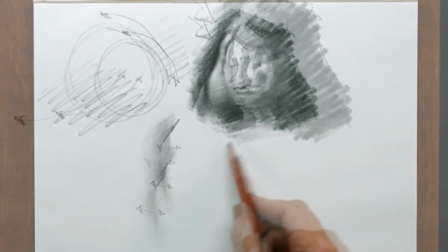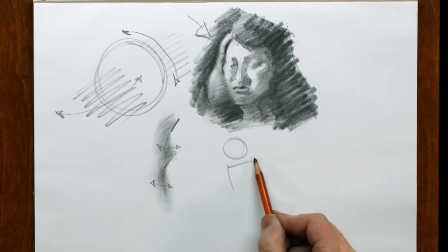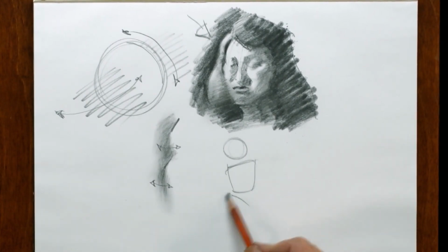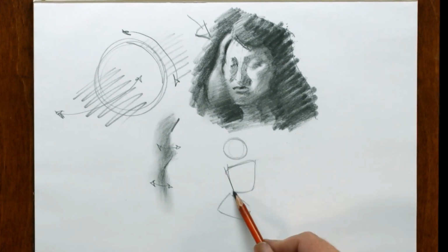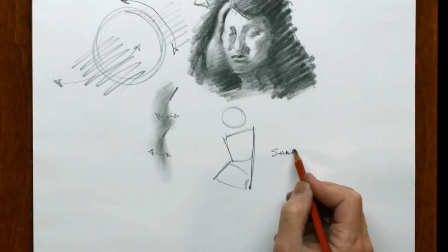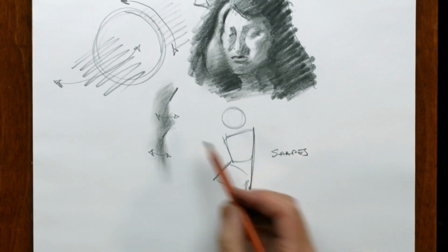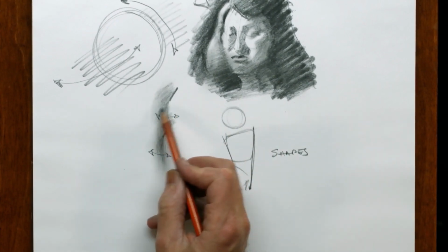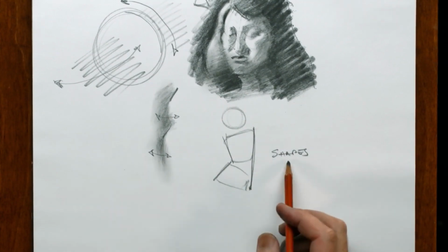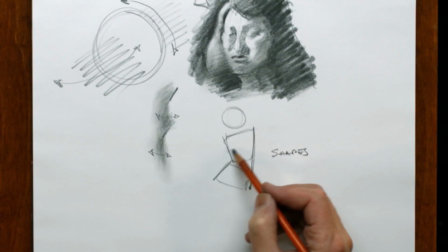So if we have a situation where we have an active side and a passive side, we have shapes that are going to work this way, but then we can also use our passages. At the top of this, we can start breaking this up a little bit.